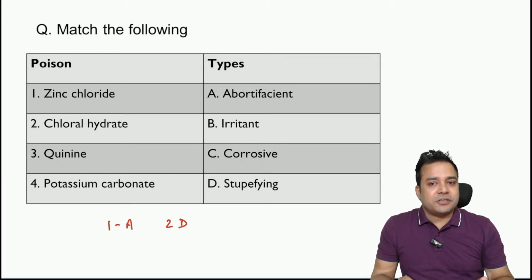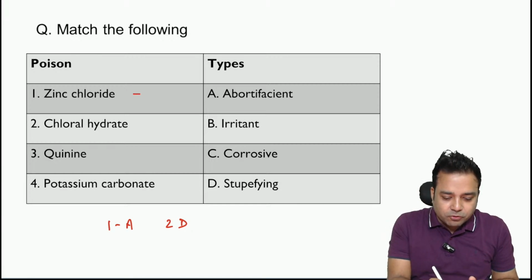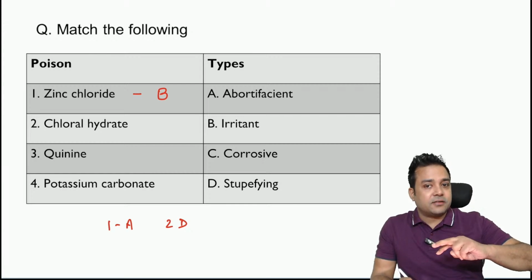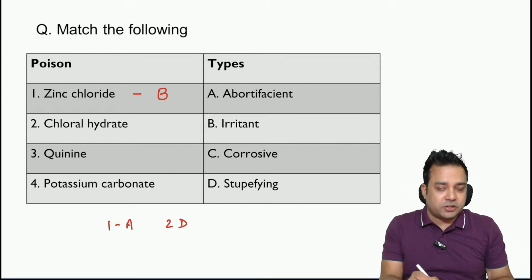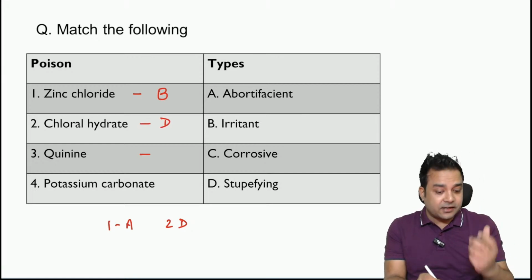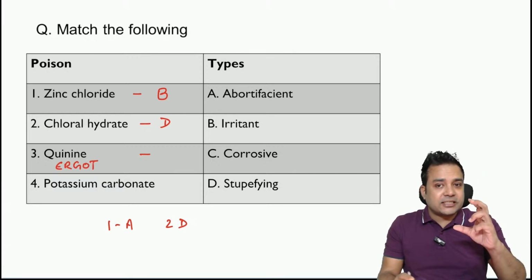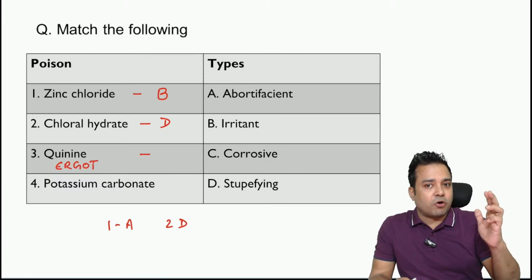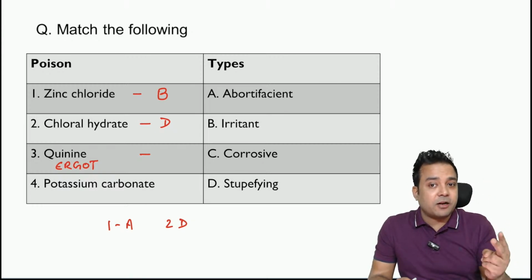Zinc chloride. Which one will match with zinc chloride? I will say zinc chloride goes with irritant poison. Chloral hydrate, just like datura, is classified as a stupefying poison. So I will write D over here. Quinine, ergot, agents like quinine and ergot, they are used as ecbolics and emmenagogues. These are 2 agents which are mainly preferred for criminal abortions.